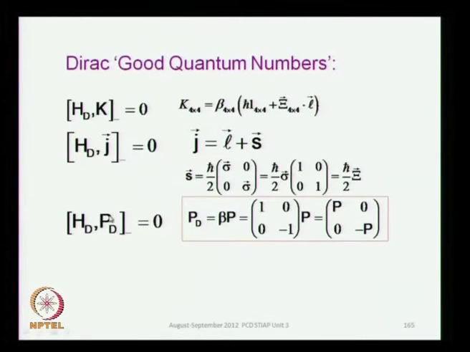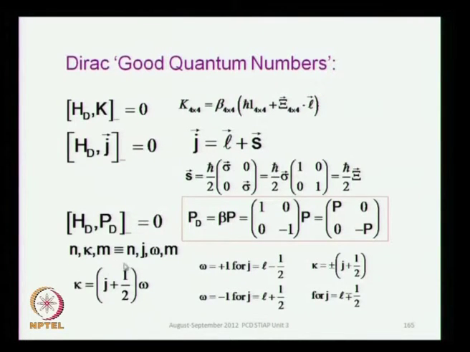This is called sometimes the Dirac parity, P written with a subscript d for Dirac parity, or sometimes you write it just as P for parity, but just to rub it in I am using the subscript d, because the Dirac parity is different from ordinary parity, it has to be pre-multiplied by the beta matrix. So, the 4 by 4 structure will come from P 0 0 minus P, and you will see how it gives you the appropriate quantum number.